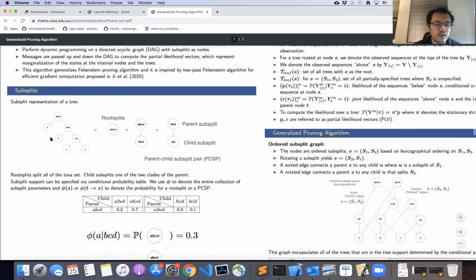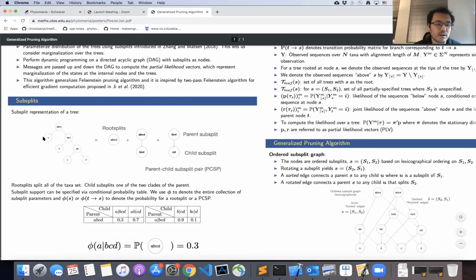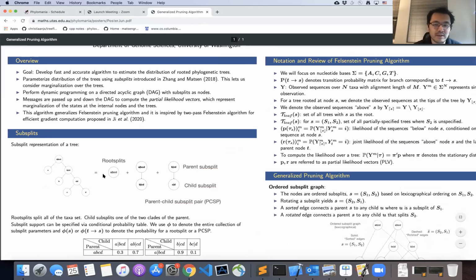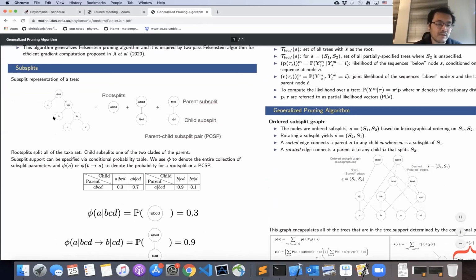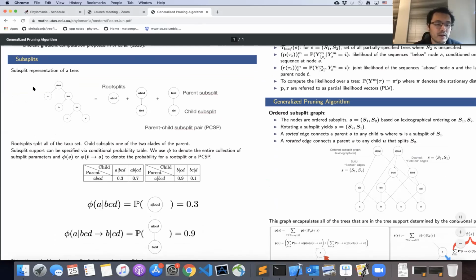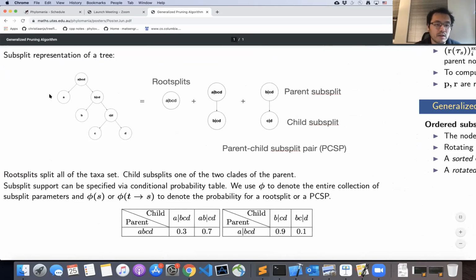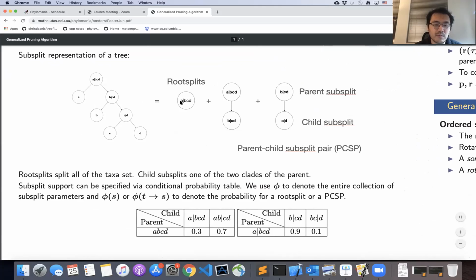So I'll go into a little bit more detail on this subsplit business and talk about this generalized pruning algorithm. Although my talk itself doesn't have variational components, the key idea underlying the variation of phylogenetics for topologies is this idea of the subsplit representation of a tree. A tree can be decomposed into smaller building blocks.